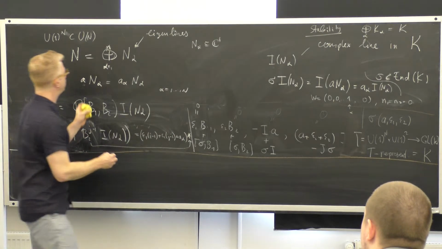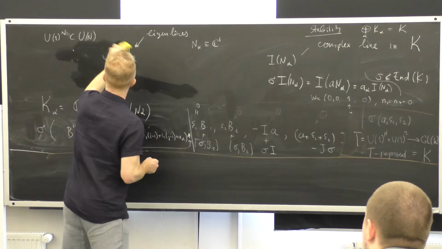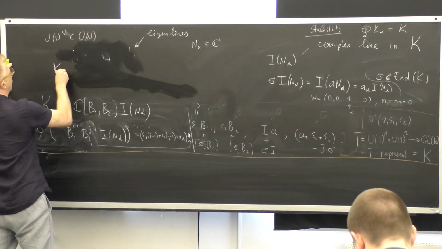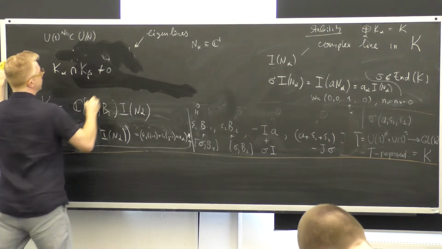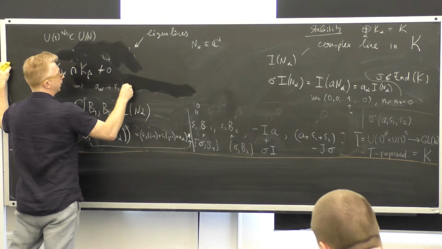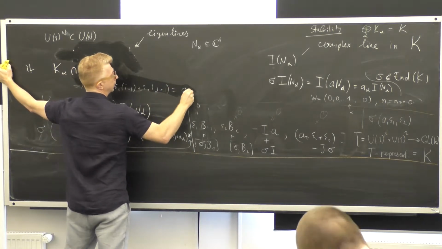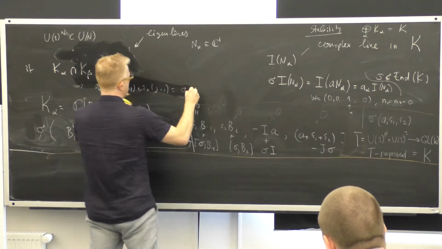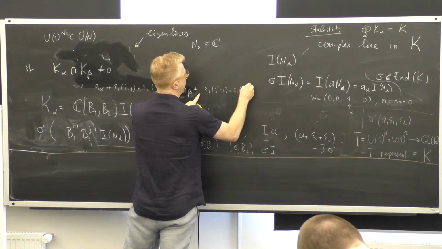Because if K alpha were to intersect with K beta, it would mean, if it is non-empty, that there is some relation between the eigenvalues a alpha and a beta and epsilons.